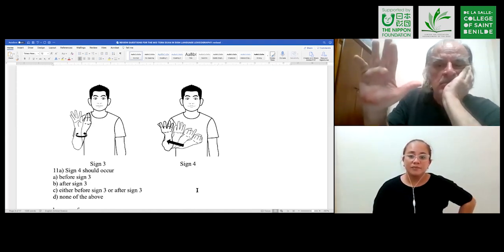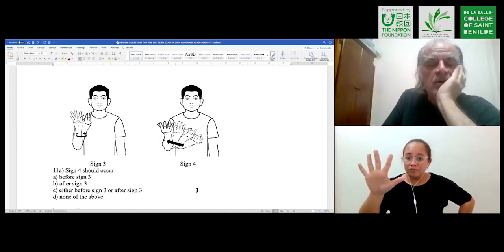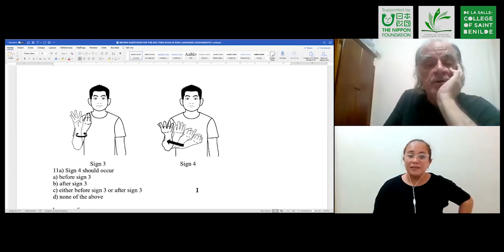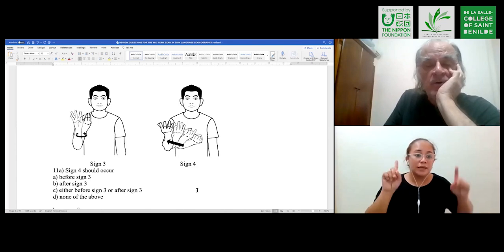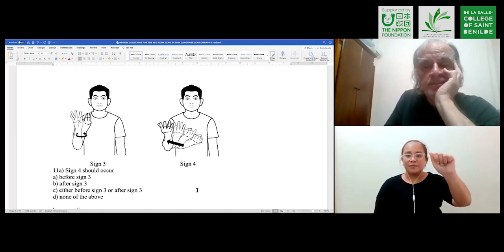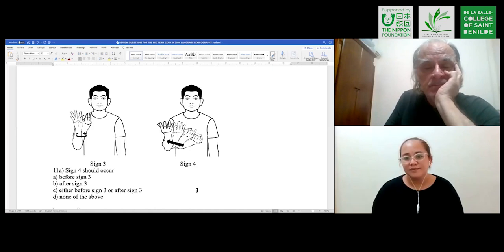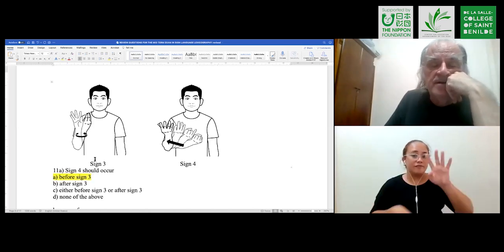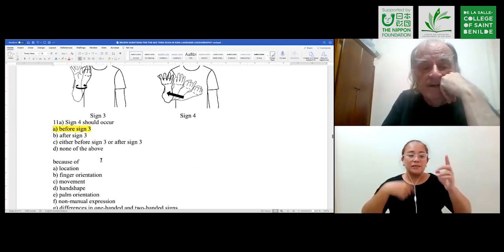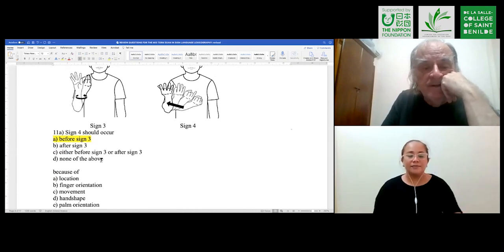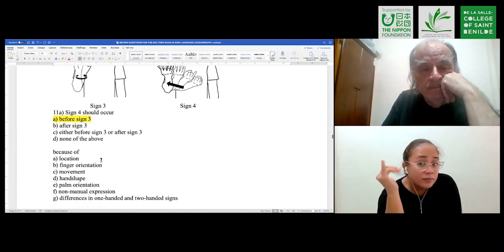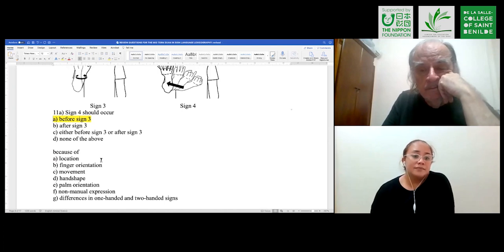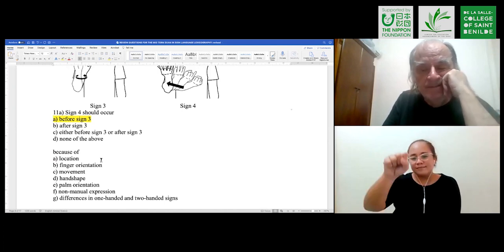Open hand. Open, yes. So sign 4 should occur before sign 3. Or put it another way, sign 4 should occur first and sign 3 should occur second. And why is this? D. D, hand shape, yes.